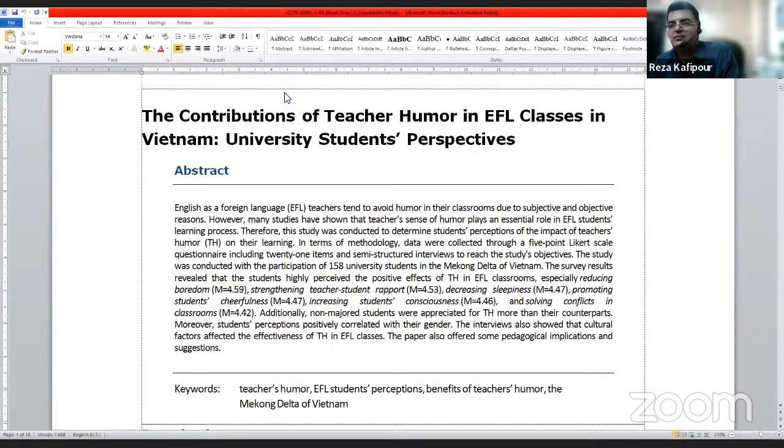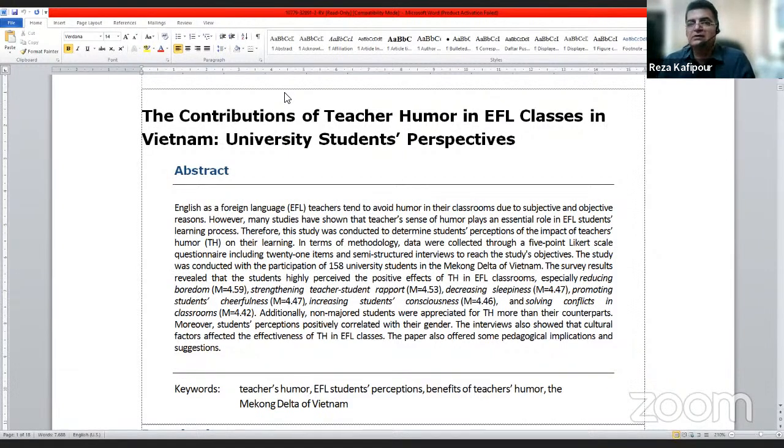When we say humor, cultural factors are on one side, individual differences on another side, affective factors on another side, and social factors on another side. And it even has some connection with personality traits. You cannot use humor in specific classes if you know that the class has a specific personality trait.